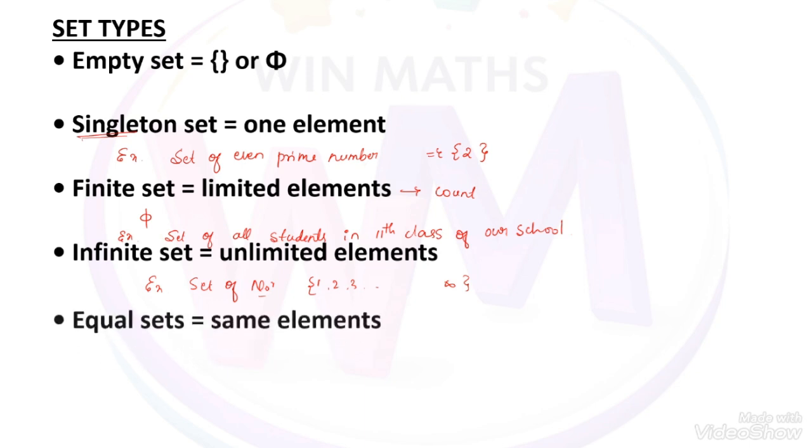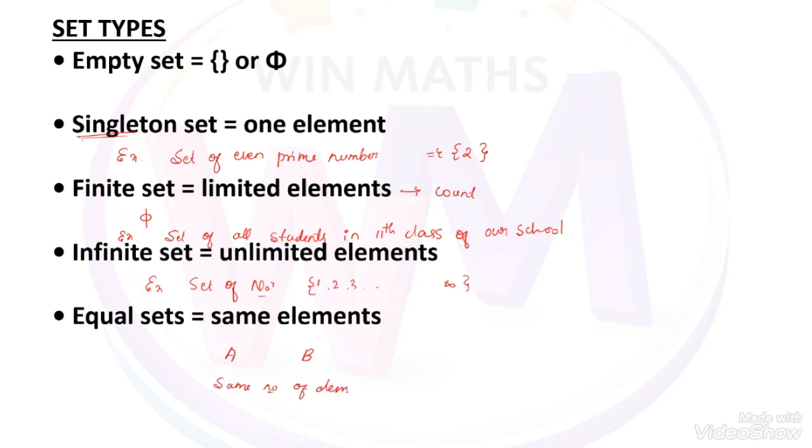Next, equal sets. How can we take equal sets? While considering two sets, set A and set B, when we say both A and B are equal sets, it means both sets have the same number of elements.